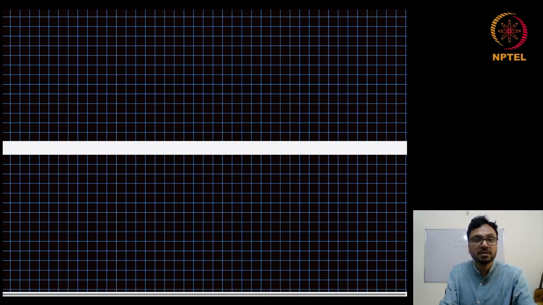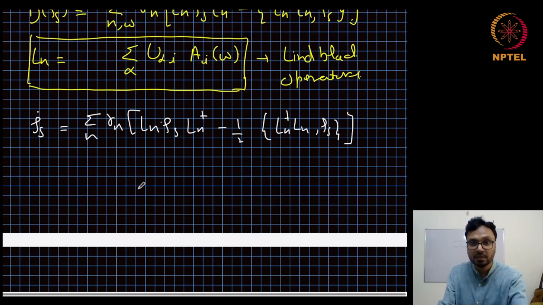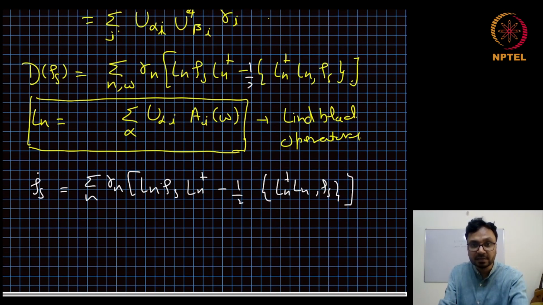So if we consider only the dissipative dynamics of the system and forget about the Lamb shift, then rho dot can be written as the sum over n of gamma n [L n rho s L n dagger minus half times the anti-commutator of L n dagger L n with rho s].